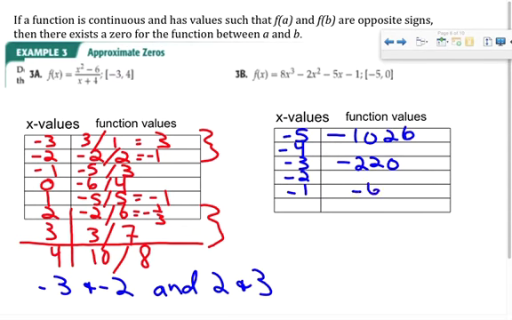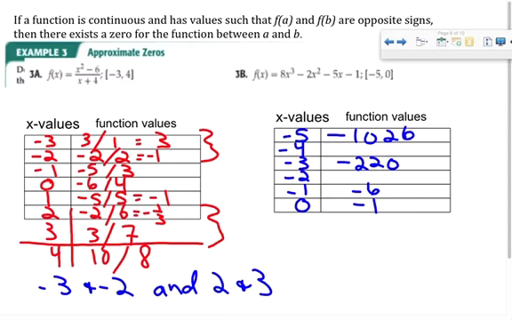I'm at negative 6. And then I'm going to plug in 0. And when I plug in 0, I still have a negative value.